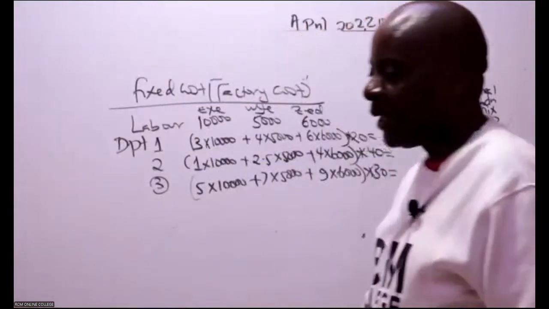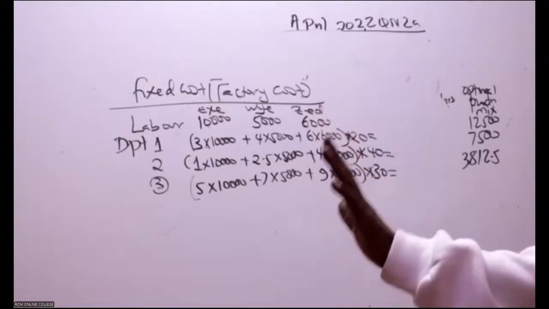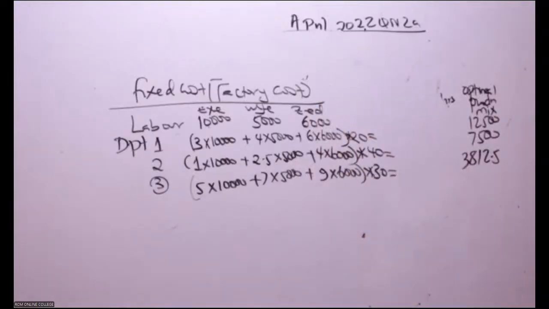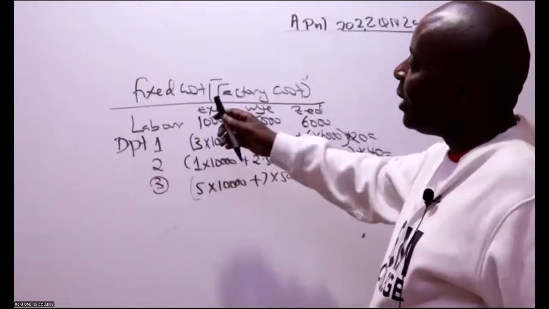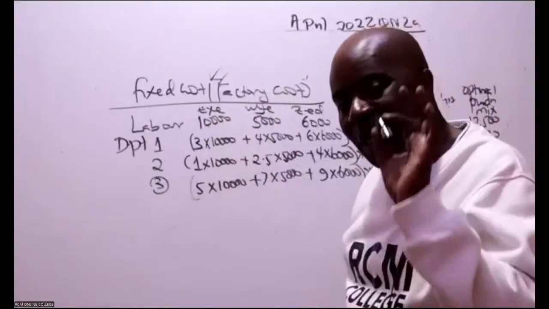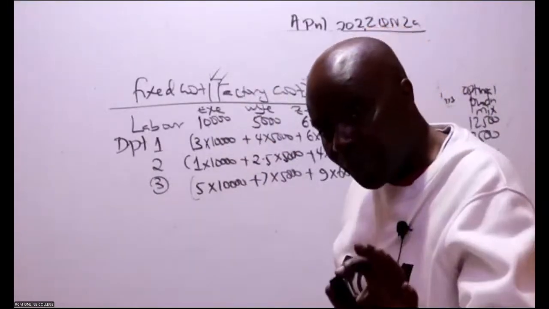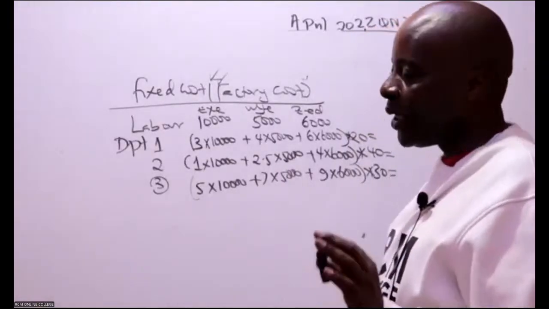Because what I'm doing, I want to get the whole departmental factory labor cost. So they've given me the labor hours per unit. And remember that fixed costs, whenever they are not given, they shall always be computed using current output.